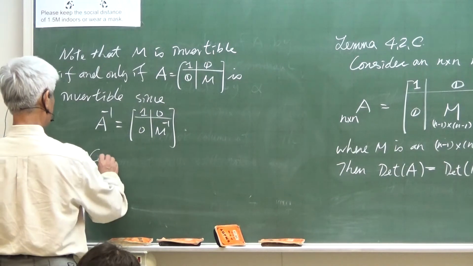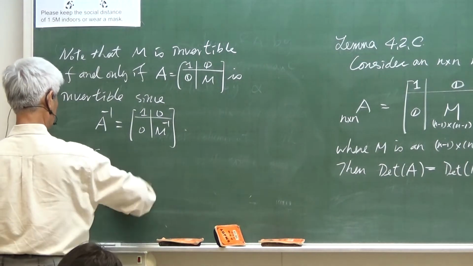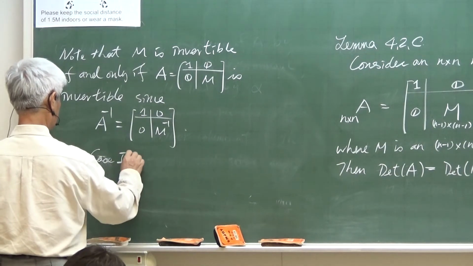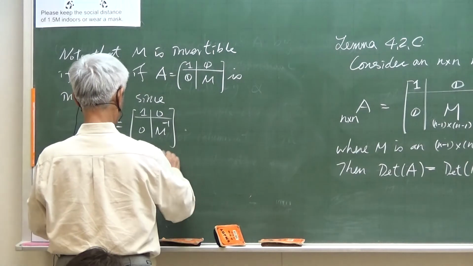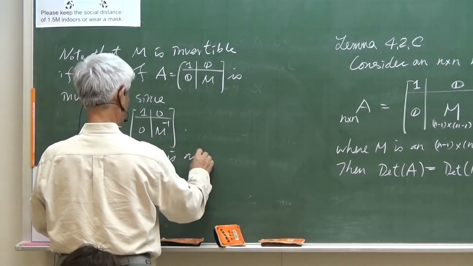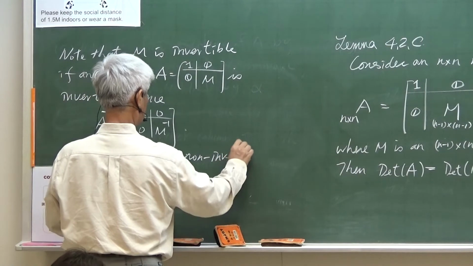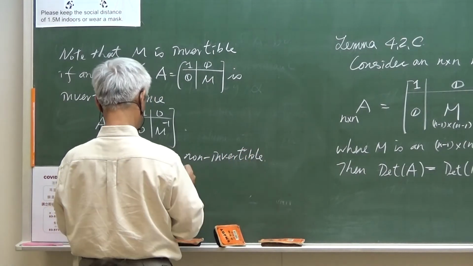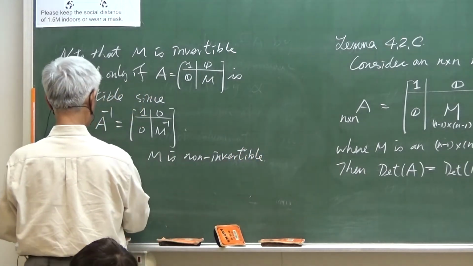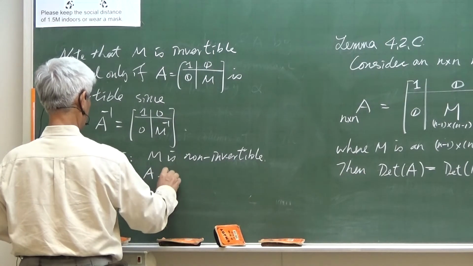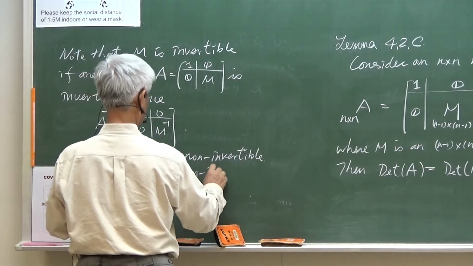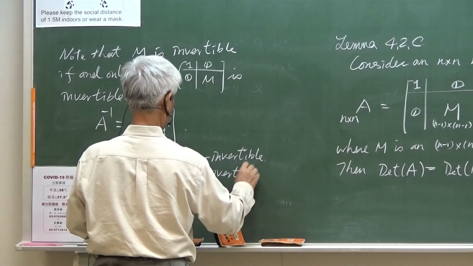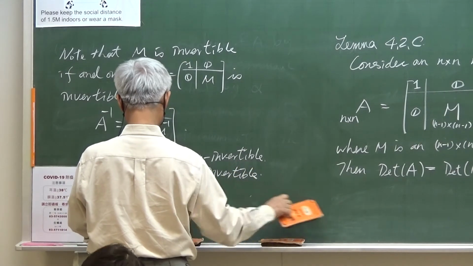Okay, so case 1: M is non-invertible. Then A is non-invertible too.